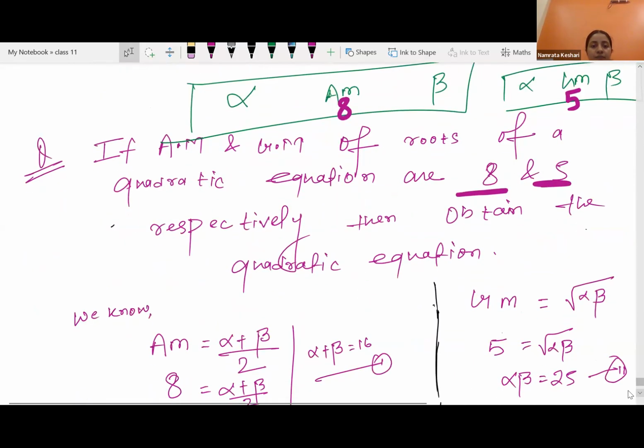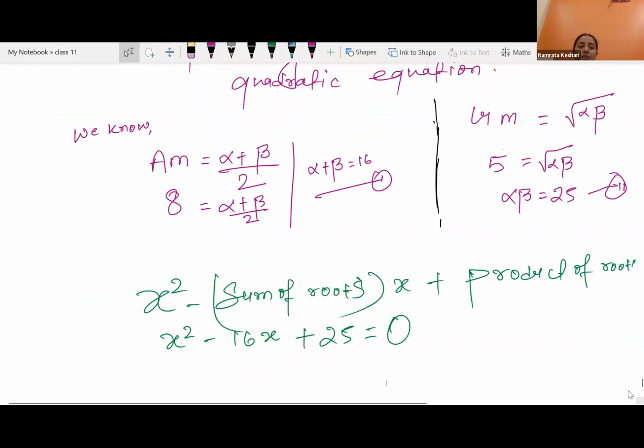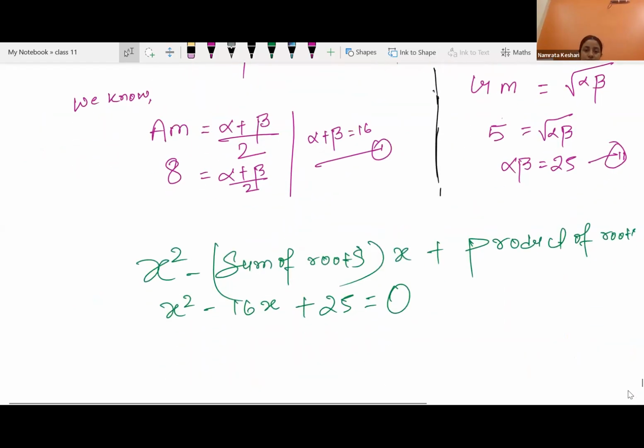Okay, it's very simple. If you want to recheck, you can recheck. After finding the roots, you can check that 8 you are getting as arithmetic mean or not, and 5 you are getting as geometric mean or not. You can check it after finding the alpha and beta values from here. If you want, you can check it later.